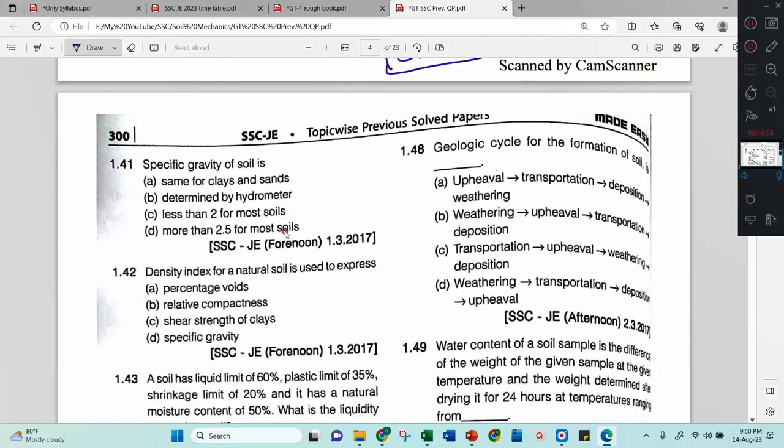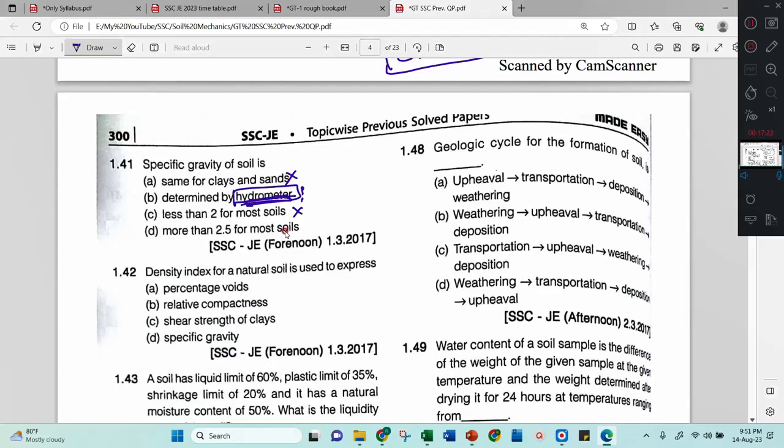Specific gravity of a soil is the same for clays and solids. No. Determined by hydrometer. Maybe. This is wrong. Less than 2 for most of the soils. Wrong. More than 2.5 for most of the soils. Tough competition. Specific gravity of the soil is determined by hydrometer. Very interesting.